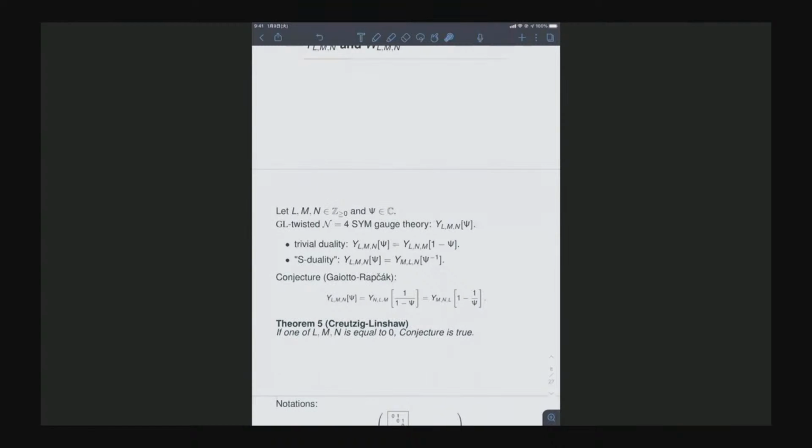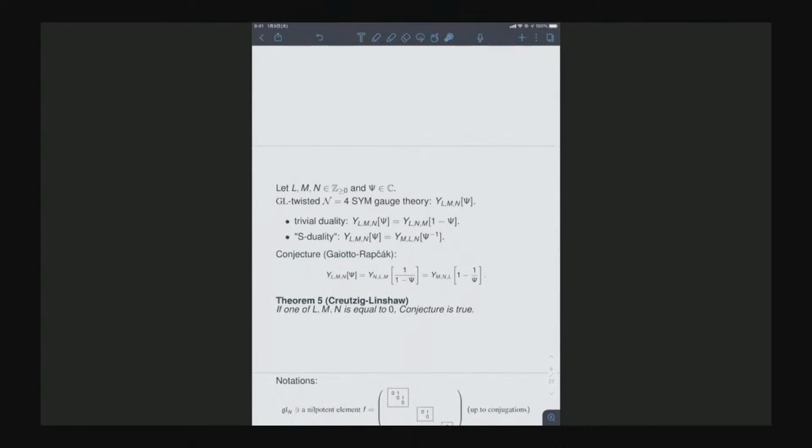And we have two dualities. One is a trivial duality: if we exchange M and N, then psi is changed to 1 minus psi. But we can also consider S-duality in the gauge theory. Then in terms of the Y algebra, it becomes a change of L and M, and psi becomes psi inverse.